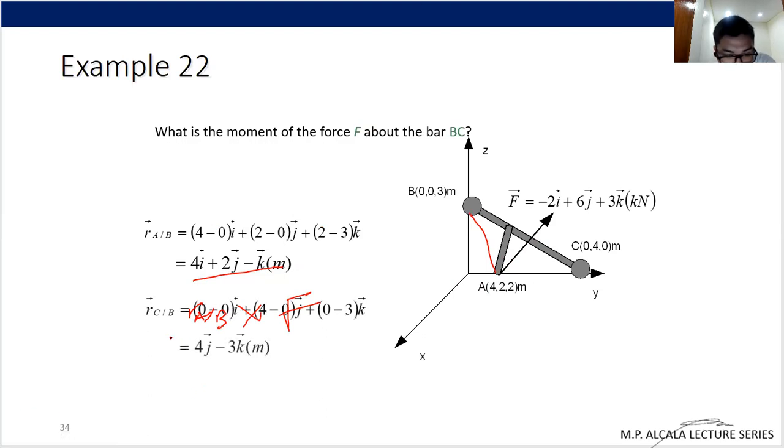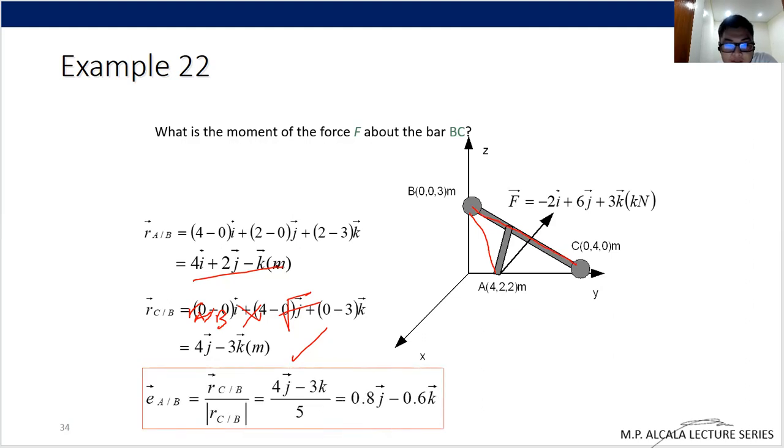Sorry, it first took RCB. Sorry about that. In order for you to get the position vector RCB and later the unit vector, in order for us to assess the final moment about line BC.